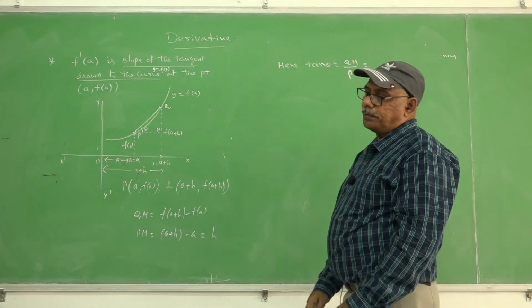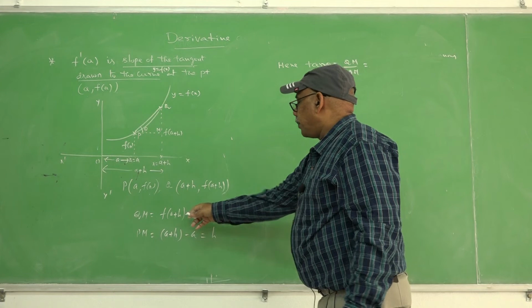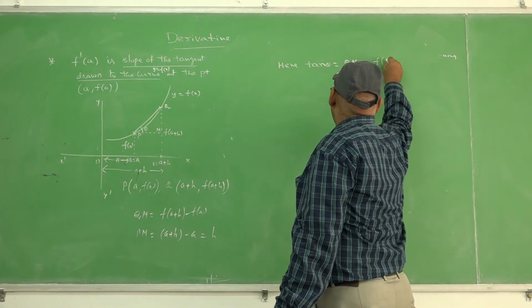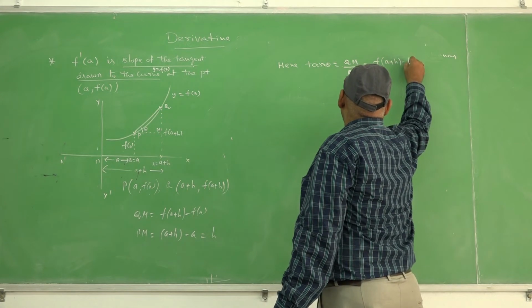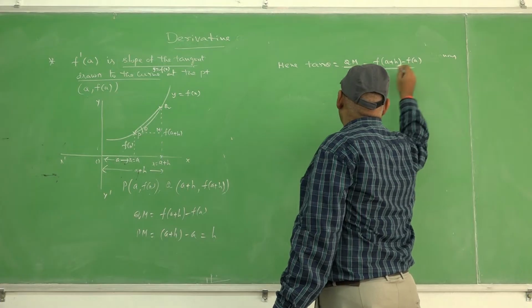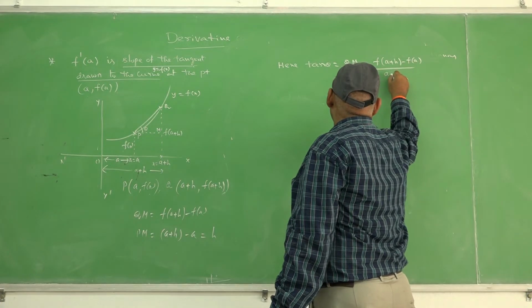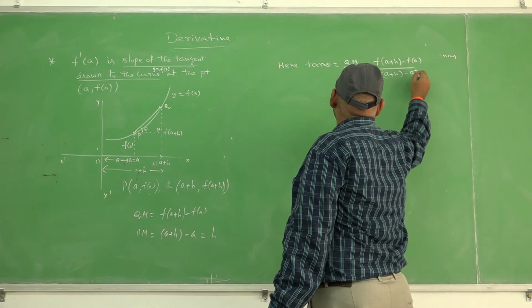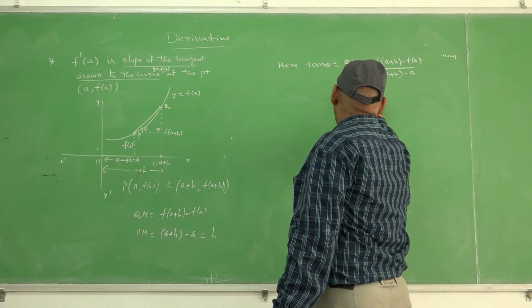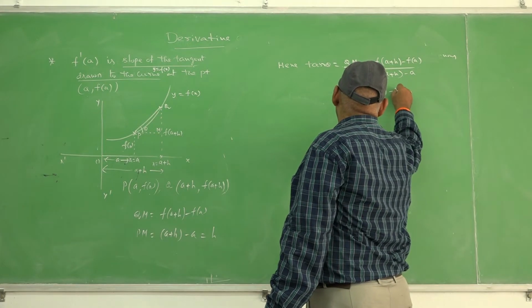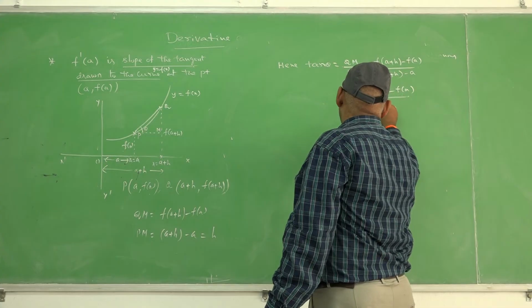But QM is f of a plus h minus f of a, and PM means a plus h minus a, which is f of a plus h minus f of a by h.